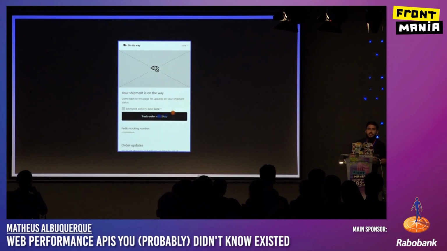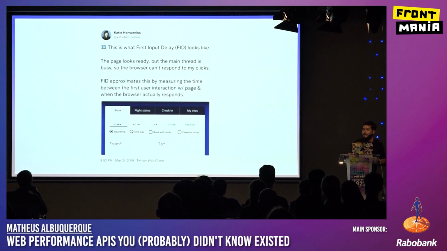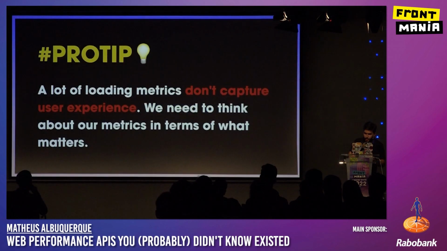And this kind of thing is so important and happens so often that we even have metrics to cover that. For example, first input delay. And again, this is in real apps, and this is really happening. This kind of thing happens, for example, when the main thread is blocked. It turns out that a lot of the load metrics we have out there don't capture actual user experience.